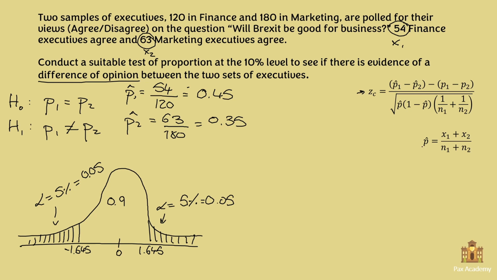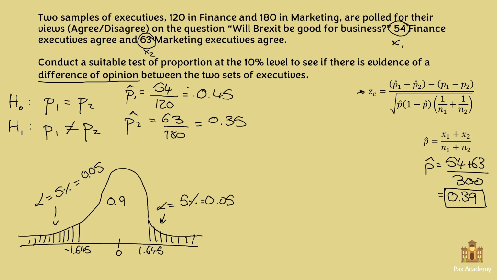And then we need to find out P hat, so the total sample proportion. The total sample proportion is x1, so 54, plus x2, plus 63, over n1 plus n2, which is 120 plus 180, which is 300, which in total should give you 0.39.